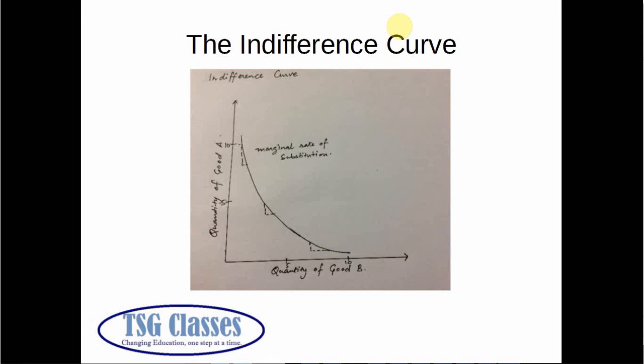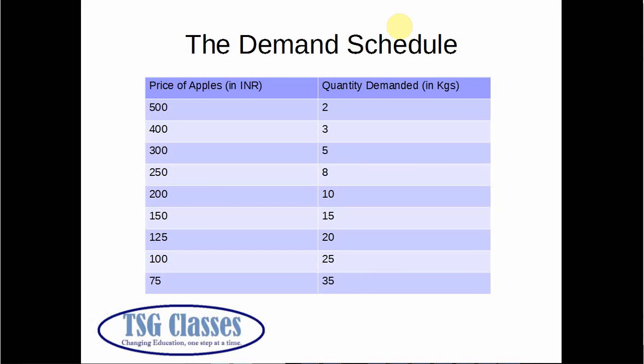The choices that you make according to your budgetary constraints are given by the indifference curve. So it is basically the trade-off between two goods, between the quantity of good A that you can trade to have a certain quantity of good B. How that leads to demand is something that we will see in the demand schedule.